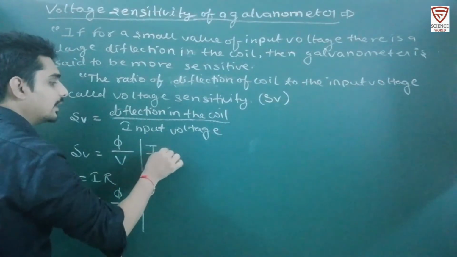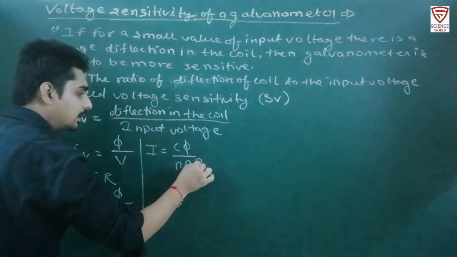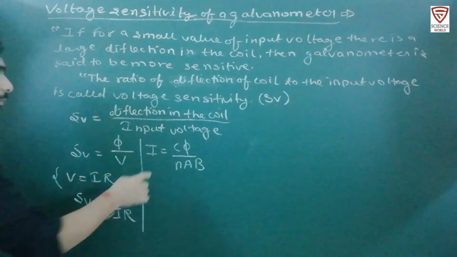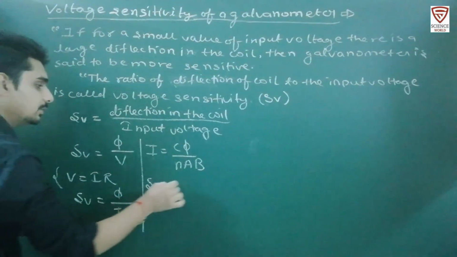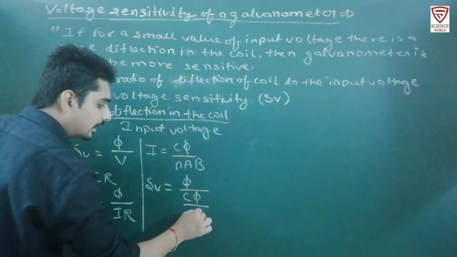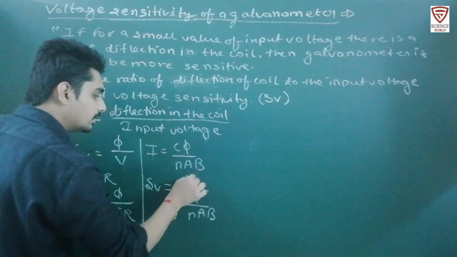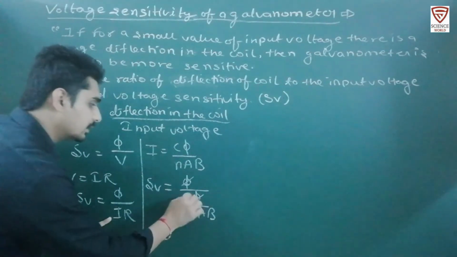The value of input current is C phi upon NAB. So we will put this value in this equation and we will find SV is equals to phi upon C phi upon NAB. This phi is cancelled with this phi and also this phi.